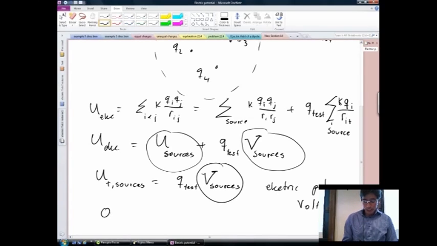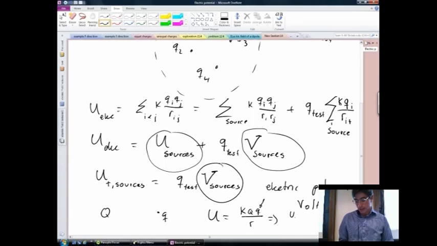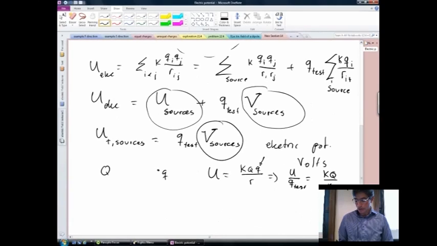And if you were to just take two charges, Q and another one q here, the potential energy of those two charges will be kQq divided by the distance between them. You can define the potential produced by the big charge Q as just, if this is the test charge, take U divided by the test charge, and that will be kQ over r.